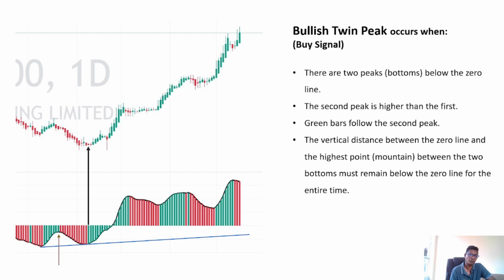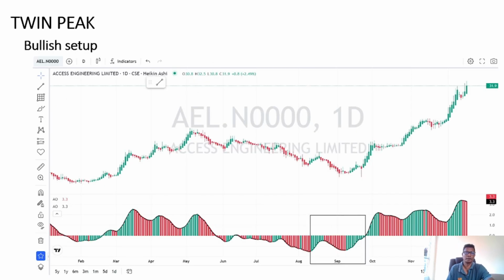Now, for more understanding, I am taking actual market conditions one by one. For more understanding, I took this chart and I highlighted by a square the two peaks, and in these two peaks there are two bottoms, the first bottom and second bottom.